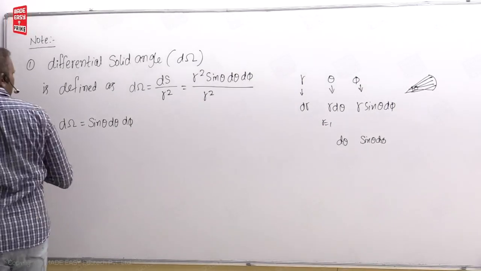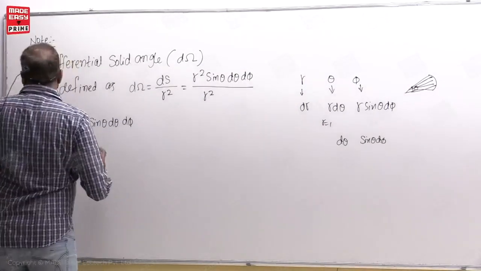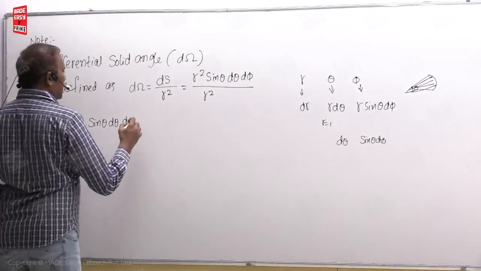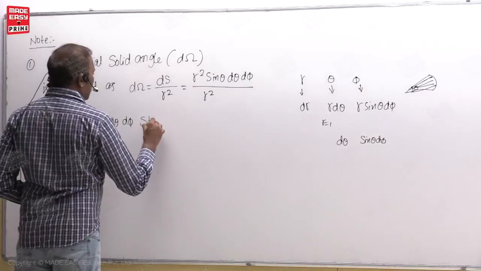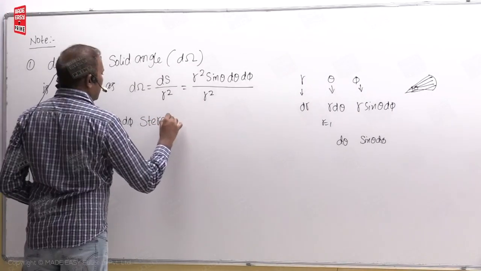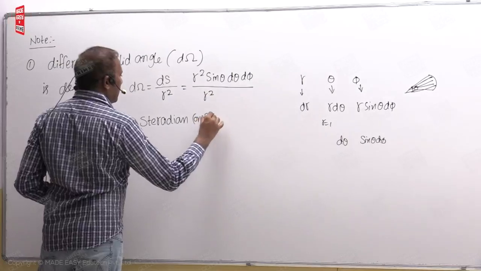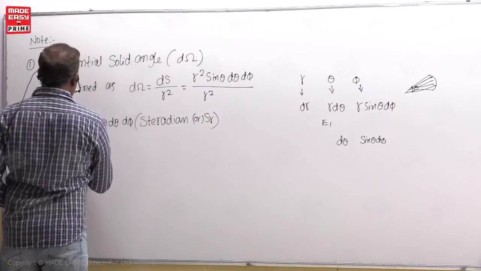So this is the differential solid angle equation. The unit is steradian, simply called SR.